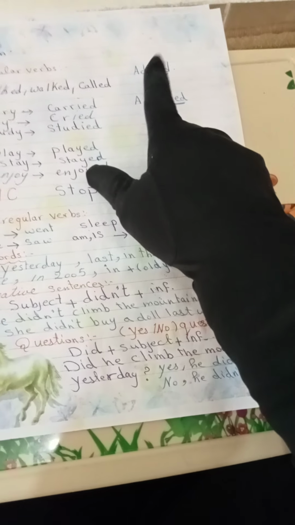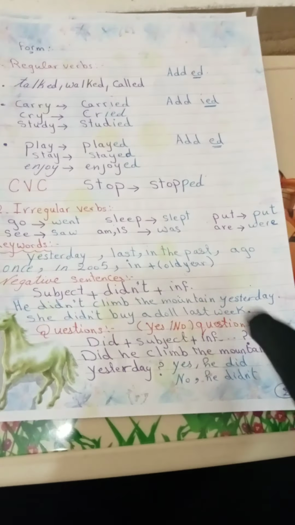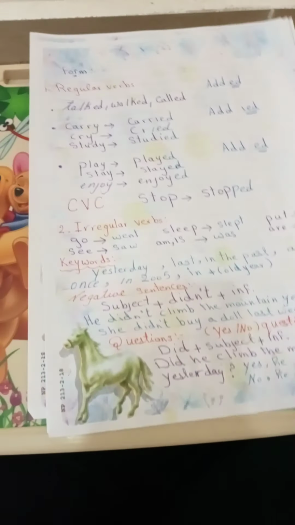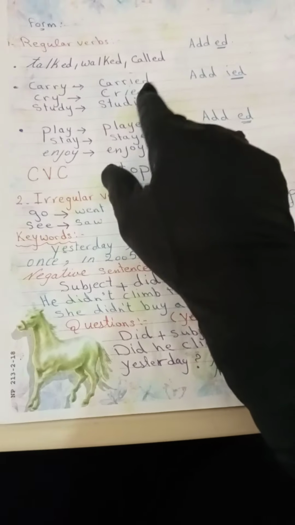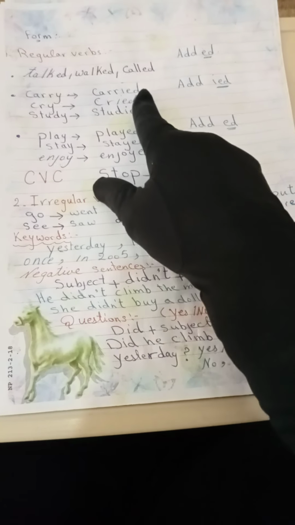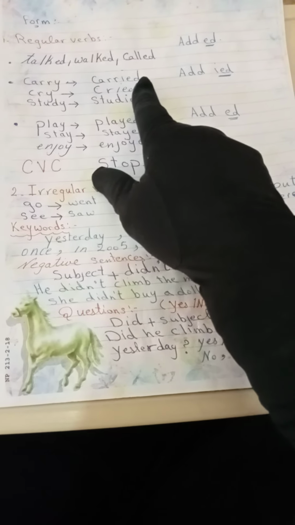We add ed at the end of the verb. Carried: here we omit the letter Y, then we add ied at the end of the verb.